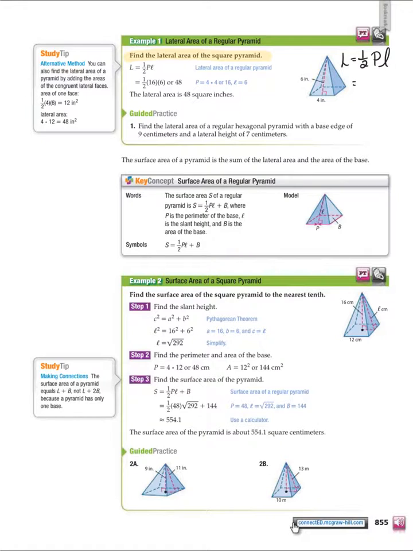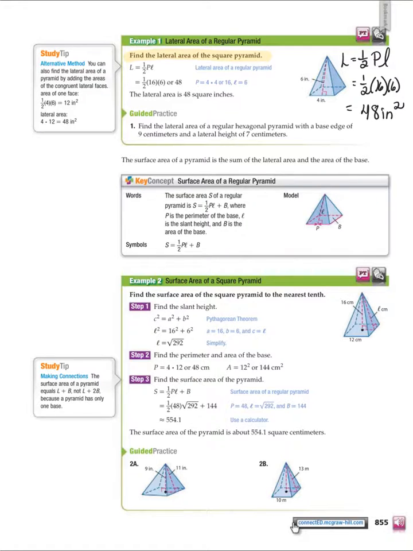Since I have a regular pyramid, I have a regular polygon, that means I have 4 sides and each side is 4. So 4 times 4 gives me 16 as the perimeter of my base. My slant height here is 6. They just give it to me straight out. So when I multiply these together, I'm going to get 8 times 6, which is 48 square inches.